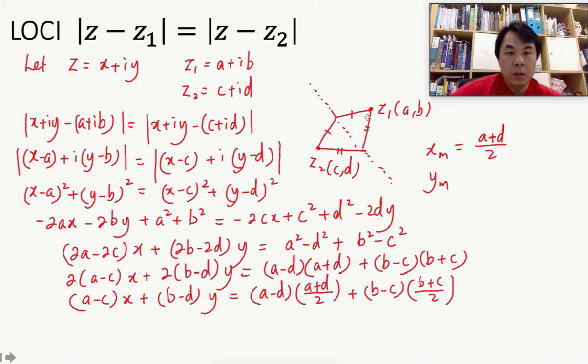The y component for the midpoint between z1 and z2 is given by b plus, is it b plus c? Did I get it right? Let me check one more time. I should be doing a with c then.